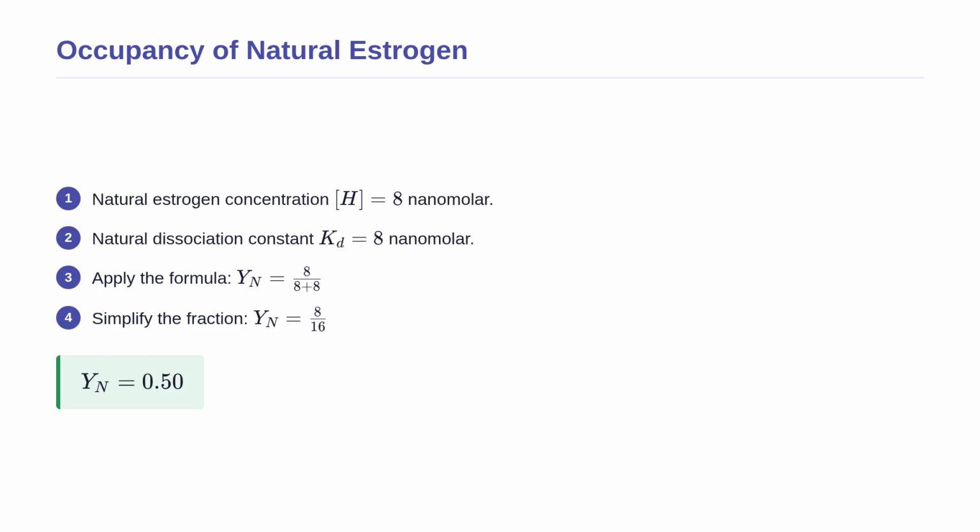Dividing 8 by 16 gives us exactly 0.50. This makes perfect mathematical sense. Whenever the hormone concentration exactly matches the dissociation constant, the receptor occupancy will always be exactly half, or 50%. Now let us see how the synthetic version compares.